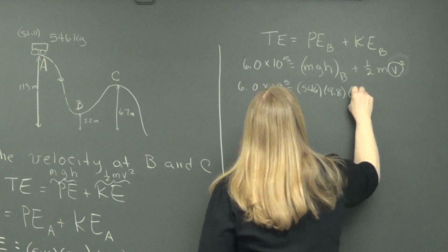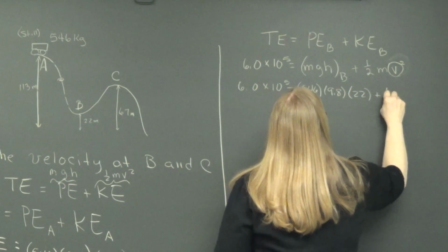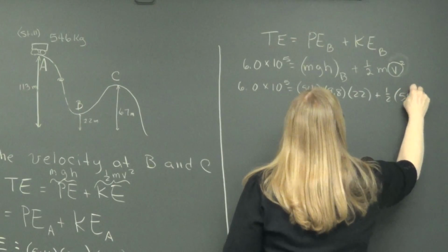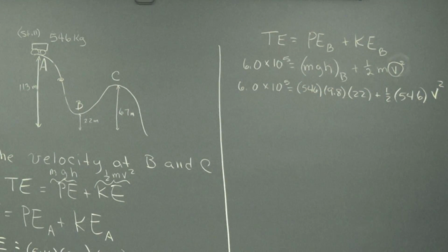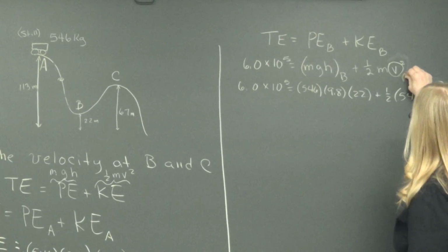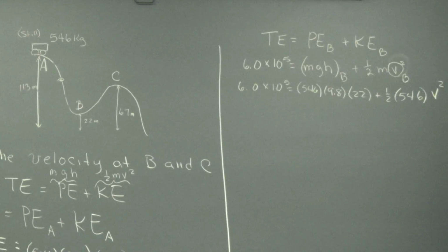What's the height, 22? All right, check your numbers that you put them in correctly. If you have any questions where any of those numbers come from, you've got to clear that up now. We're at point B, so that's where I always tell my reader where I am in this problem.